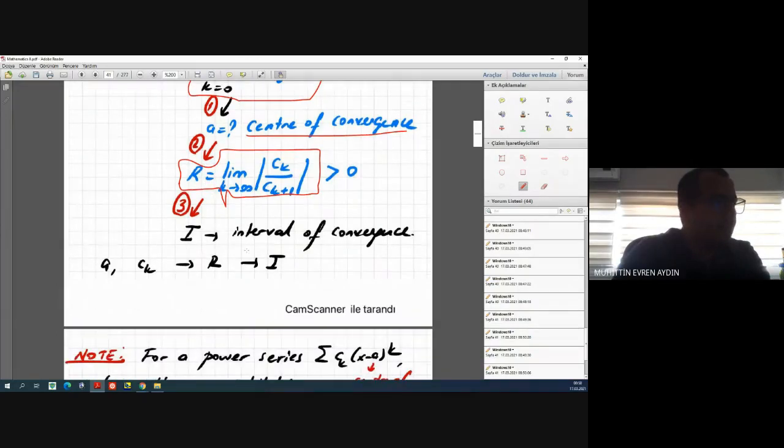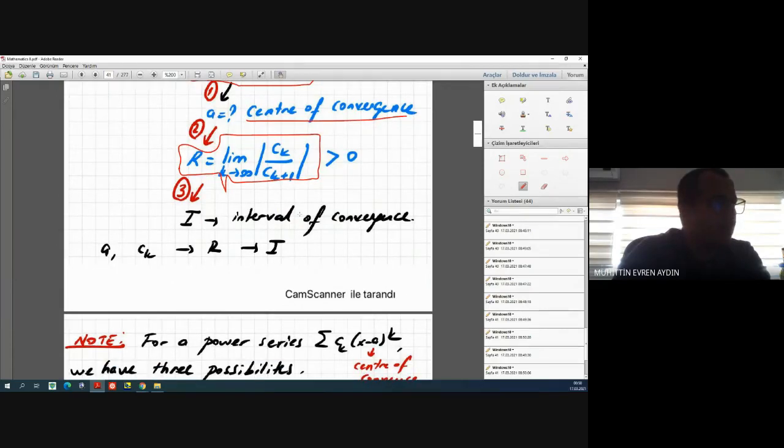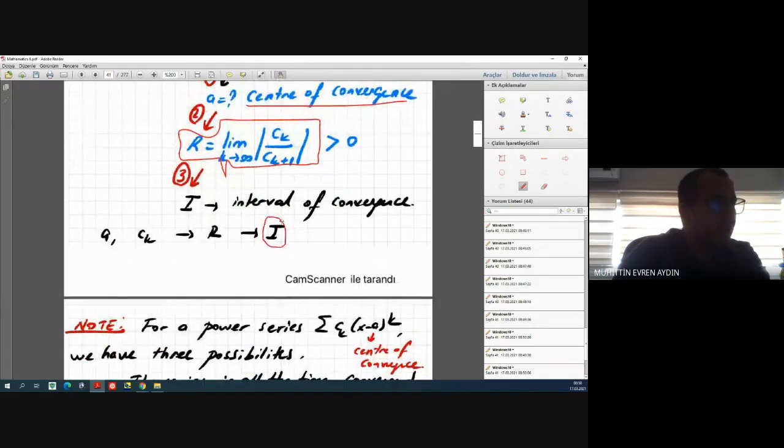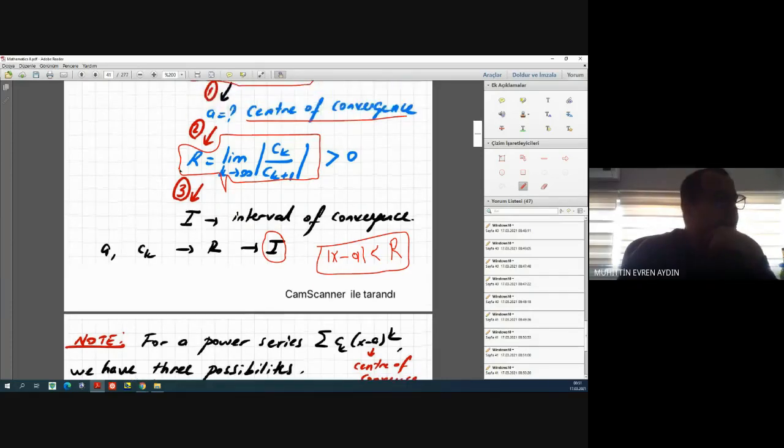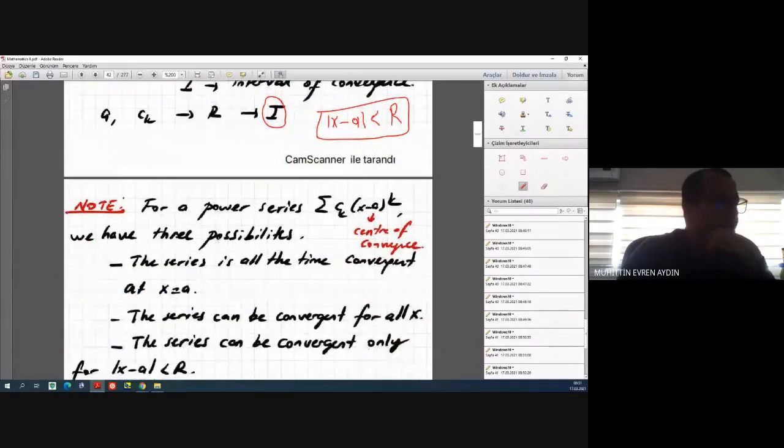And we may find the interval of convergence using the absolute value of x minus a being smaller than R. We use this formula to find an interval of convergence, and this is the formula for the radius of convergence.